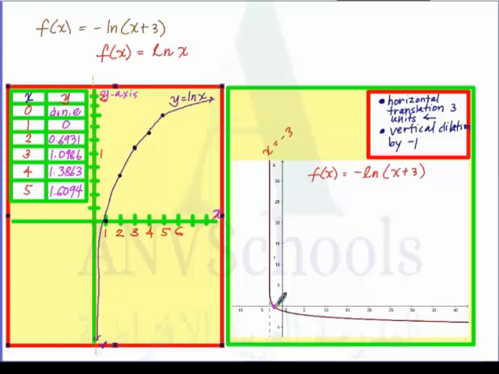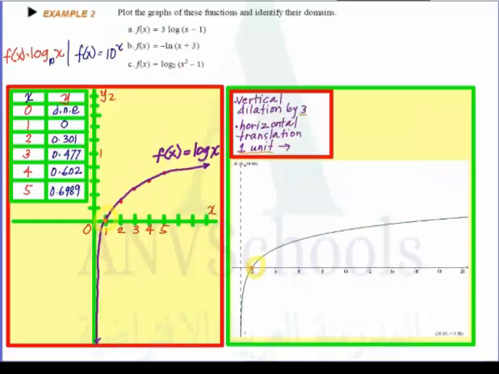So this is x is equal to -2. Okay, so this portion here is (-2, 0). Okay? So this is the answer for letter B. F of x is equal to negative ln of x plus 3.